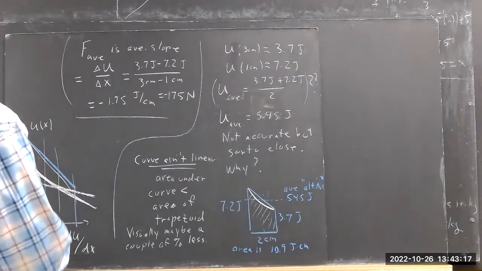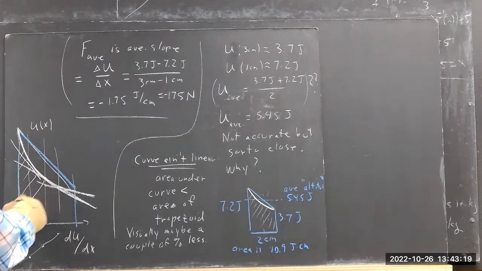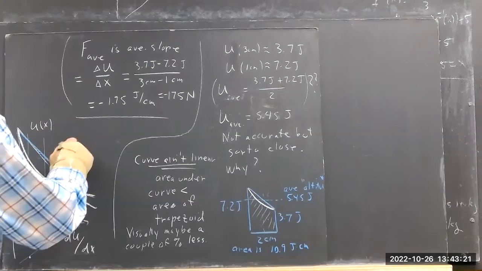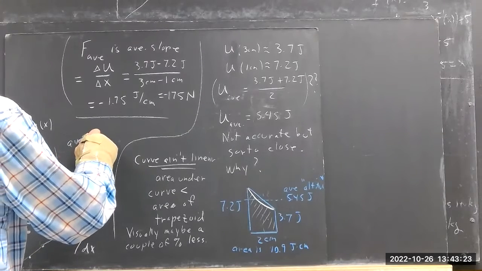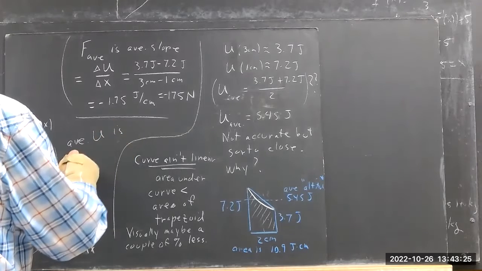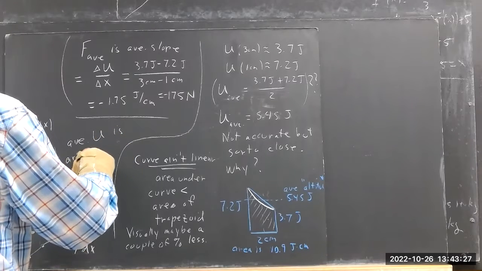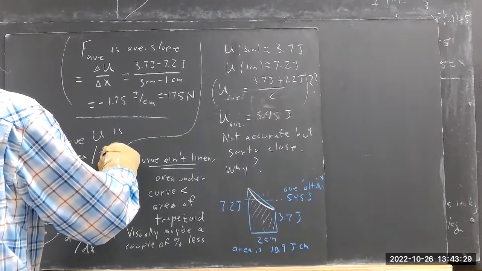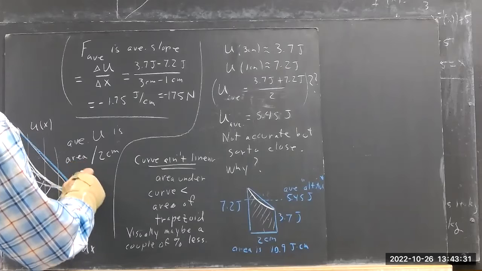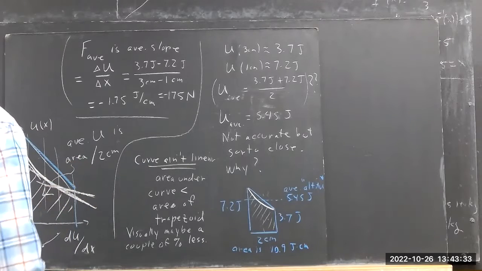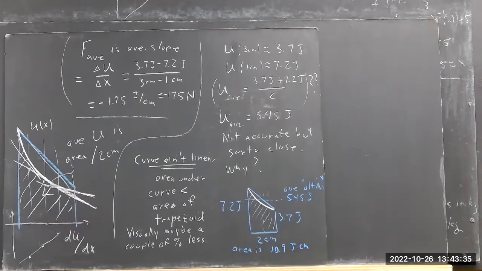So the average value is the area here divided by your 2 centimeters.